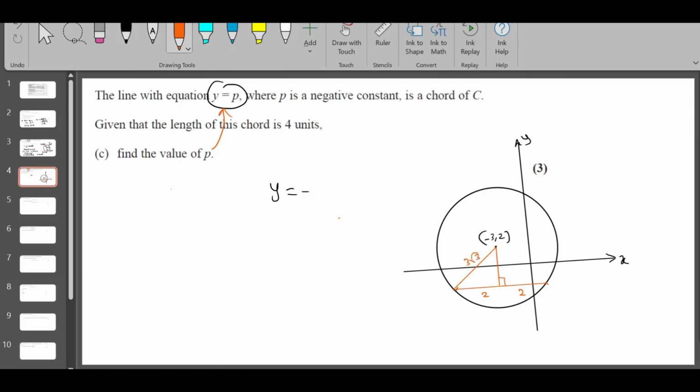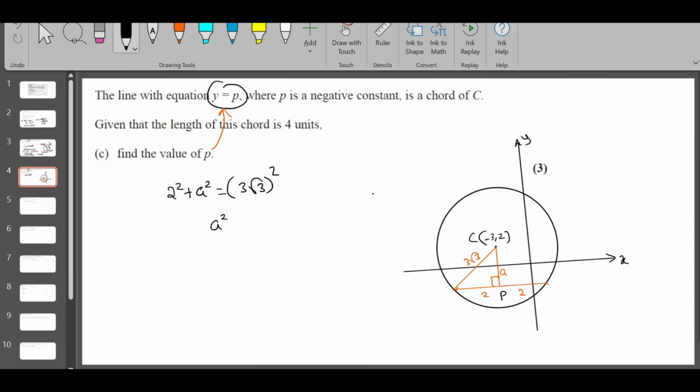So using Pythagoras theorem in this right angle triangle, we can find this length, right? Let's say the length from C to P is A. So you can write 2 square plus A square is equal to 3 root 3 whole square.